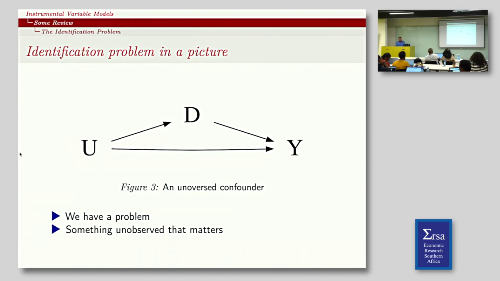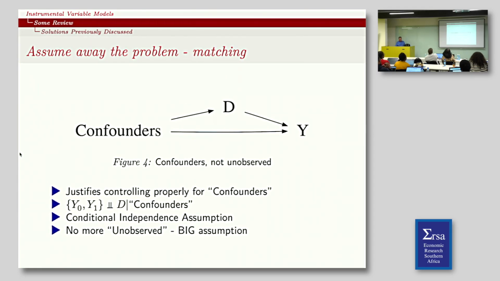So something unobserved matters in terms of understanding the outcome, and more importantly, something that's unobserved matters in terms of who's treated. And what we talked about this morning was that we would assume this away by saying, well, there's some things we can observe, some X's that we can observe. And so instead of having unobserved confounders, we have observed confounders. And all we basically do is use them in a regression style framework.